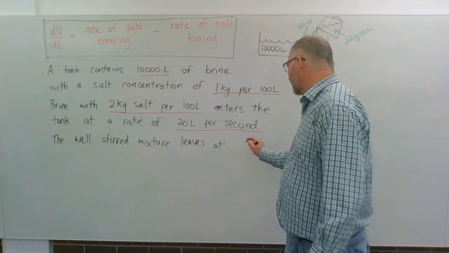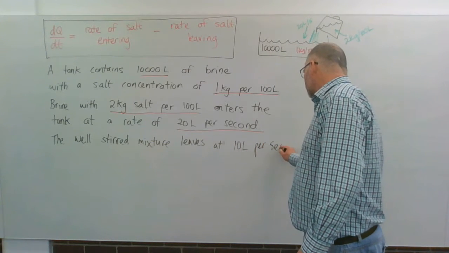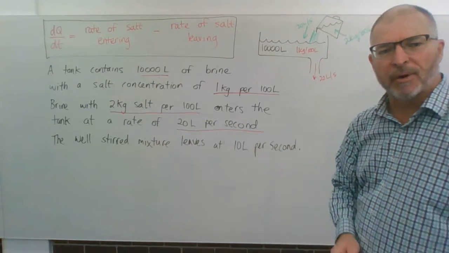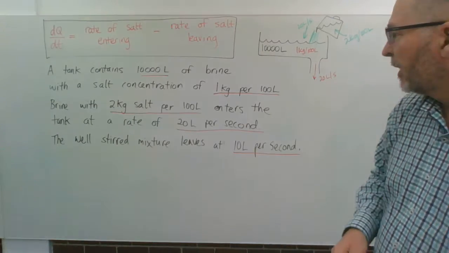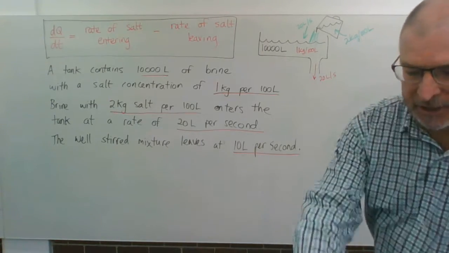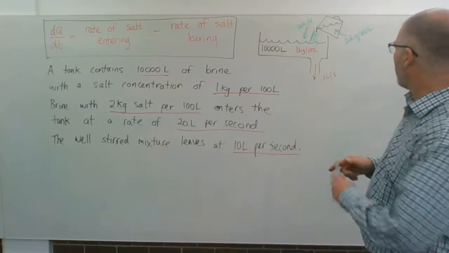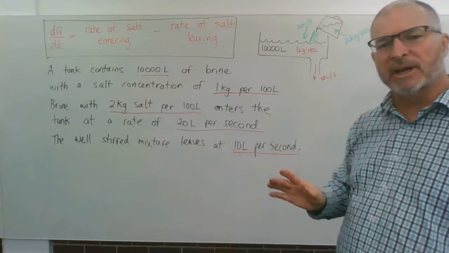It's going in at 20 litres per second, so let's have it leave at 10 litres per second, just so that we've got a different rate going in and out. All right, so I need to change that up on here. Stuff is coming out of there at 10 litres per second. But all the other details from this question are the same.